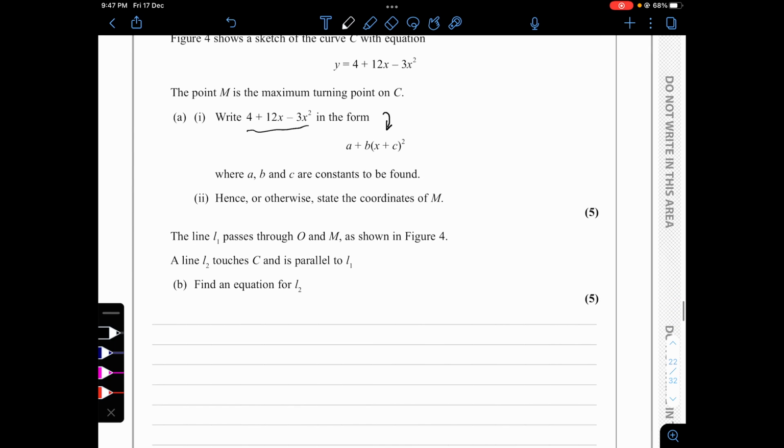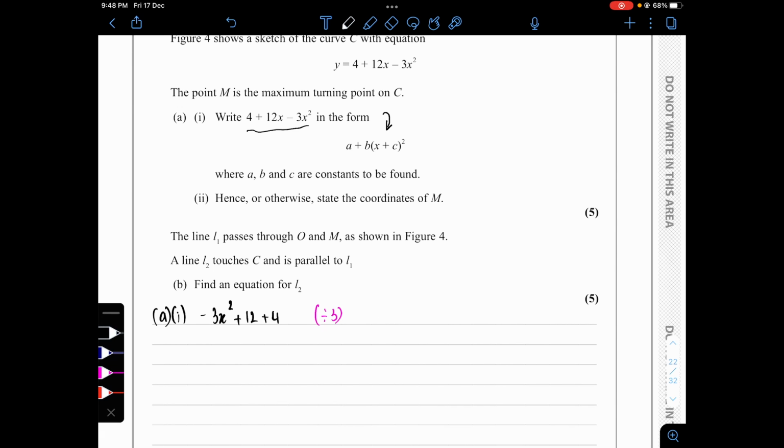So let's do it here, part A and then (i). Let's write it as ax squared plus bx plus c, so that'll be minus 3x squared plus 12x plus 4. Now let's divide everything by negative 3 to get x squared on its own.